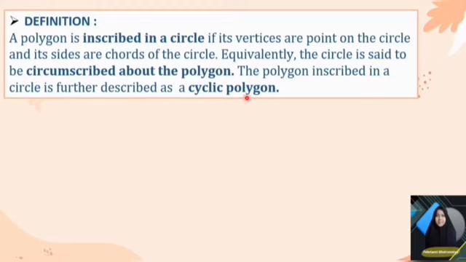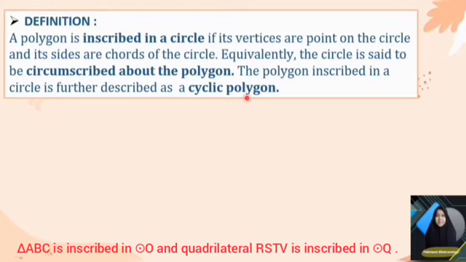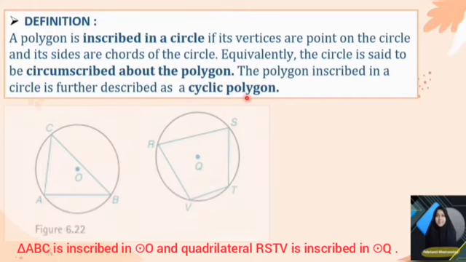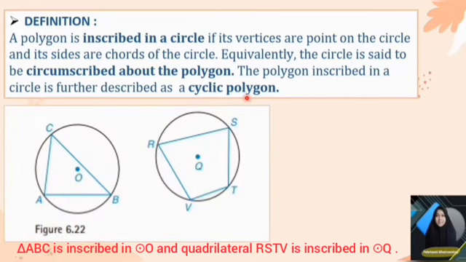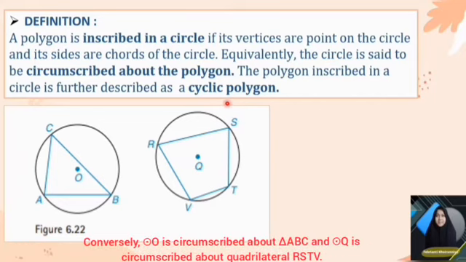Triangle ABC is inscribed in circle O, and quadrilateral RSTV is inscribed in circle Q. Conversely, circle O is circumscribed about triangle ABC, and circle Q is circumscribed about quadrilateral RSTV.